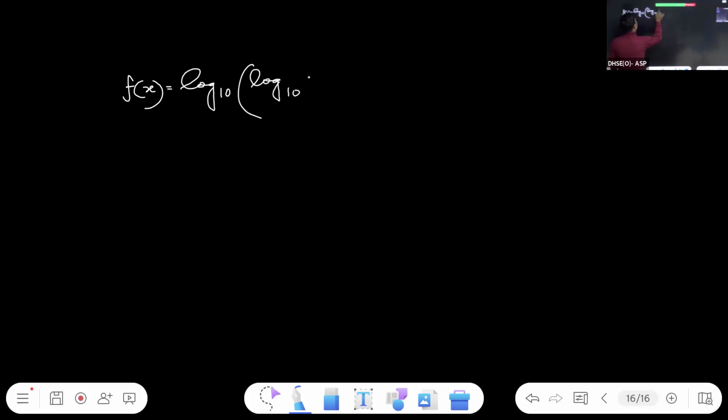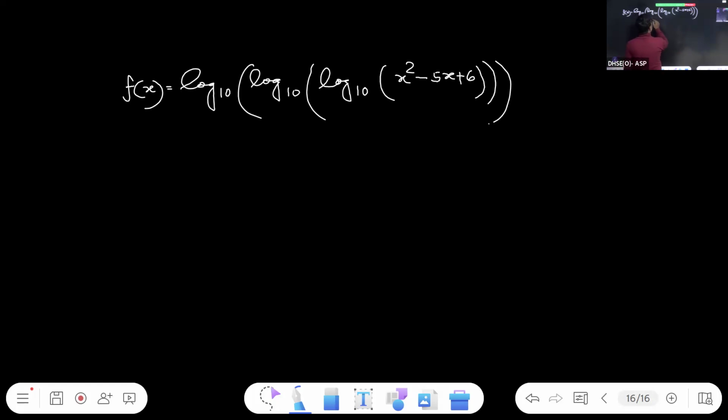f of x is equal to log 10 of log 10 of x square minus 5x plus 6. Okay, for the function to be defined, this should be greater than 0.